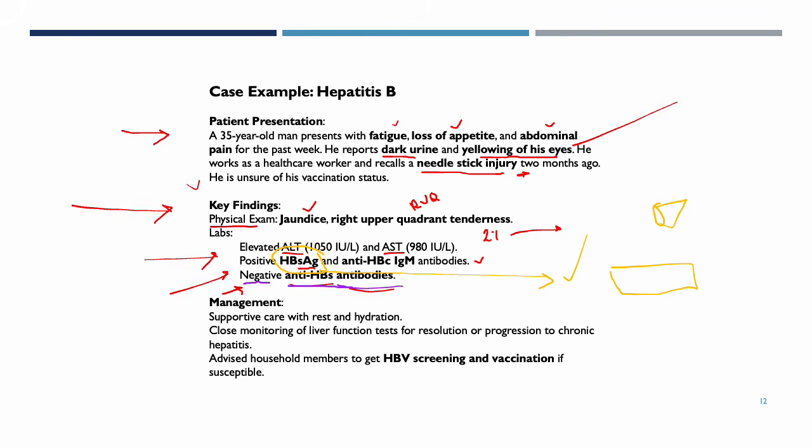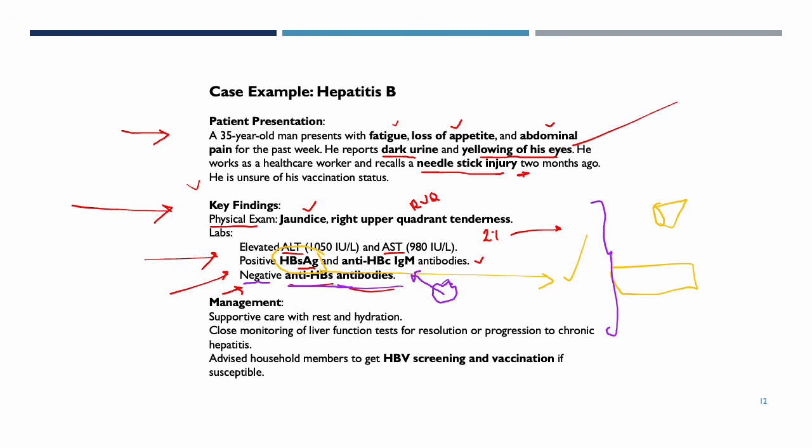So this patient doesn't have antibodies present enough in his blood against hepatitis type B. So his body has not been subjected to hepatitis B before enough to produce its own antibodies. So this tells us that this is an acute hepatitis type B.